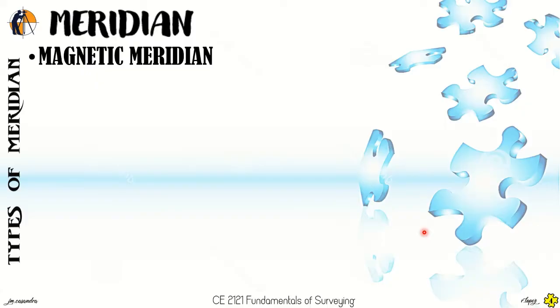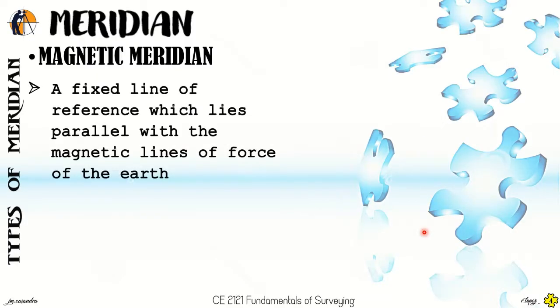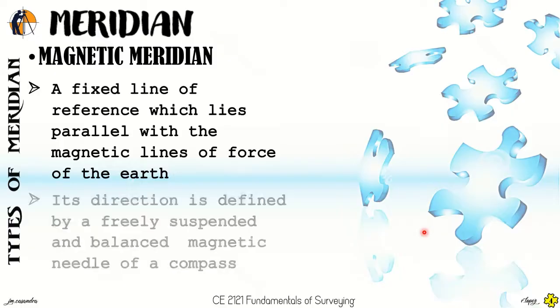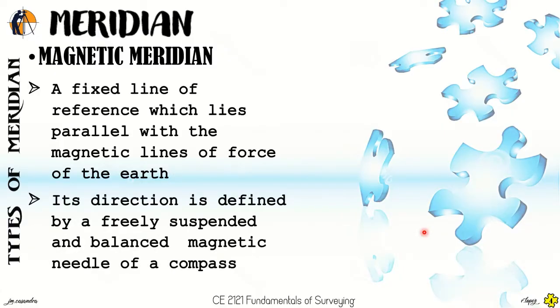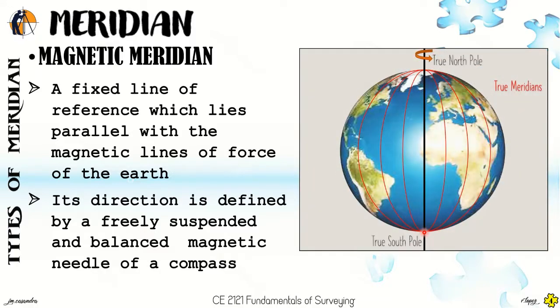Next we have magnetic meridian, which is a fixed line of reference which lies parallel with the magnetic lines of force of the Earth. Its direction is defined by a freely suspended and balanced magnetic needle of a compass. In comparison with the true meridian, this is now our magnetic meridian.